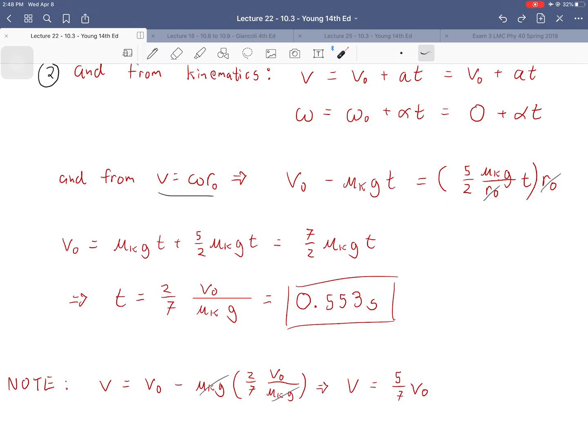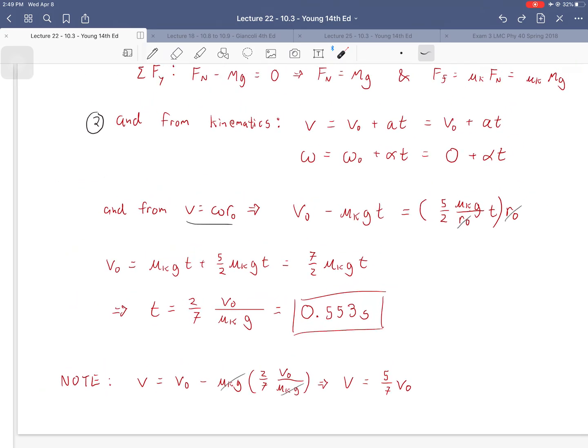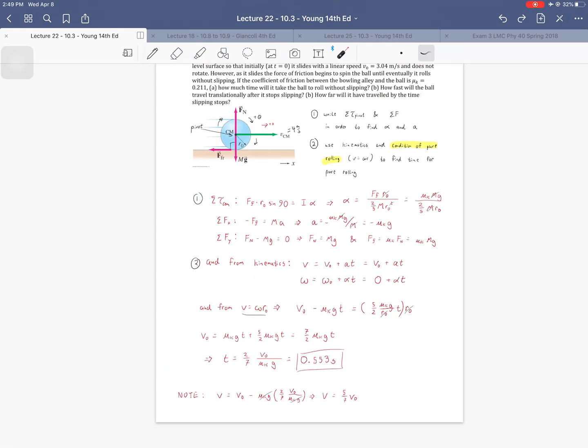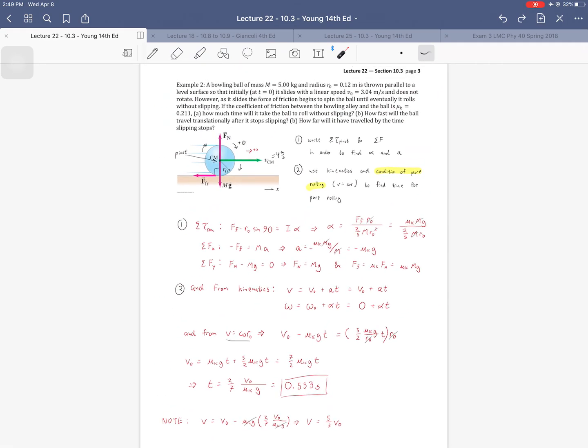It tells me that for any sphere that begins with purely translation and no rotation, by the time it stops slipping, it'll be traveling 5/7 its original translational velocity every single time. It's independent of the radius, the friction coefficient, the gravitational acceleration, and the mass. It's only dependent on the fact that it has the shape of a sphere. So it's so fascinating.